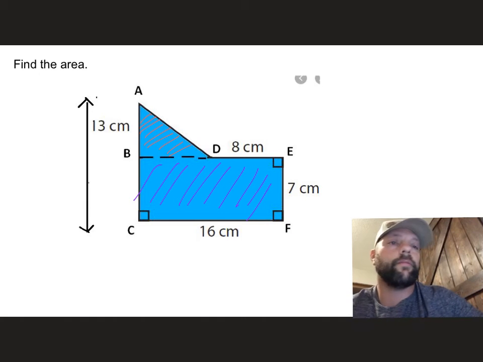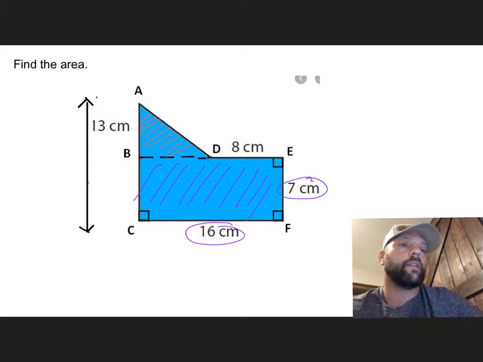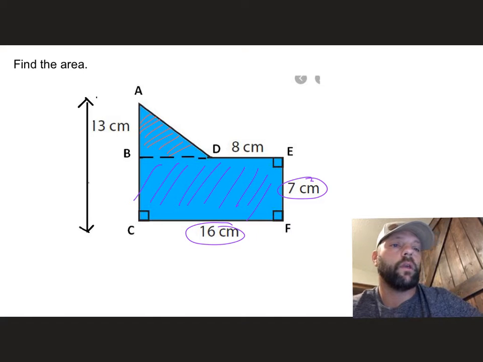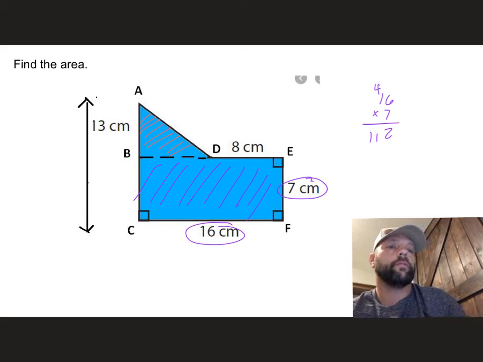So if I use the purple, just the bottom, I'm going to take 16 and 7. Because that's my rectangular shape, I'm going to multiply those. And so 16 times 7 gives me 112. So this is 112 centimeters squared.